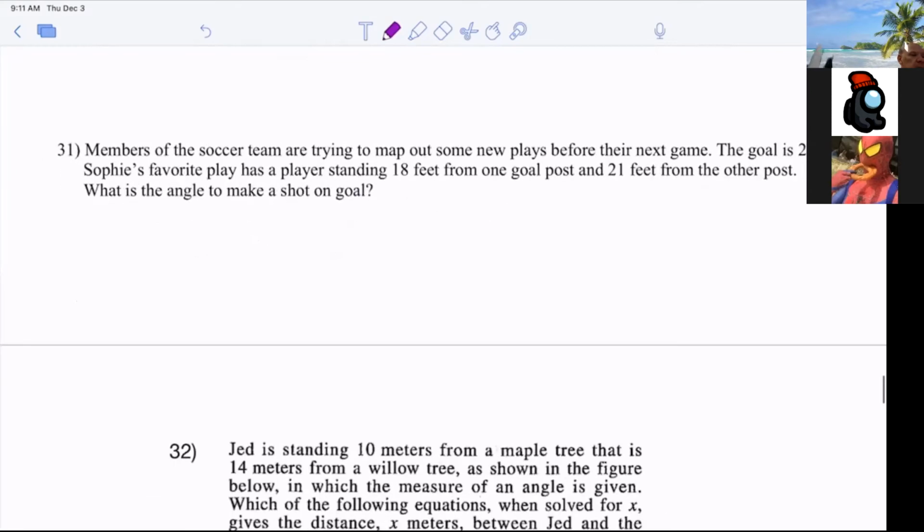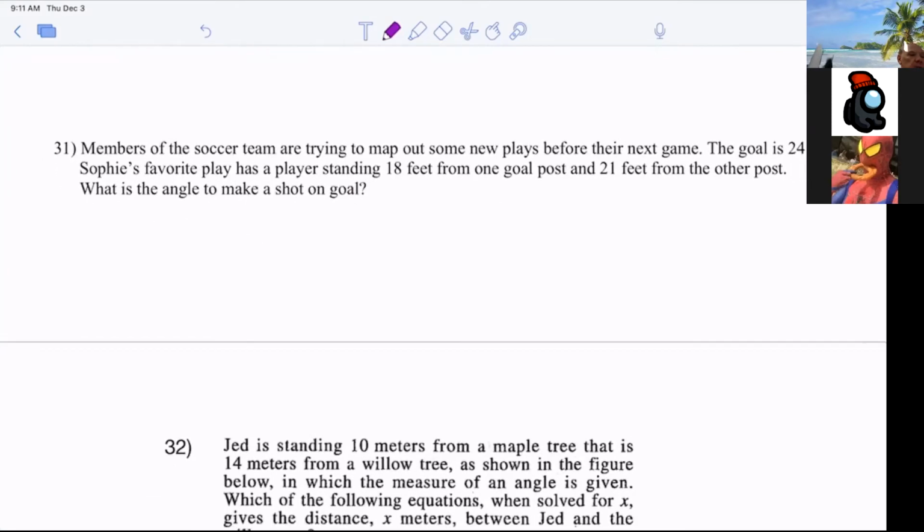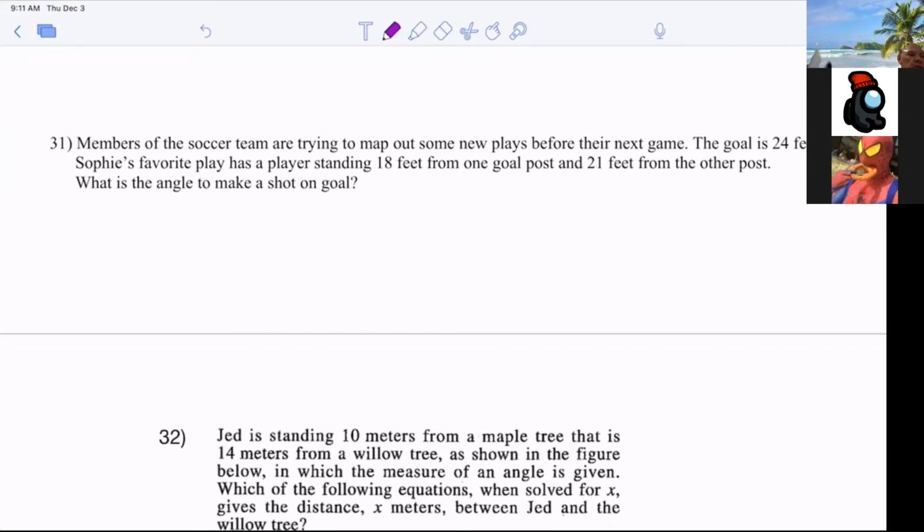Members of the soccer team are trying to map out some new plays before the next game. The goal is 24 feet wide. I like this one. And she is standing 18 feet from one goal post and 21 feet from the other. She's not at the center, so we'll just do it like this. This is 18 and 21.